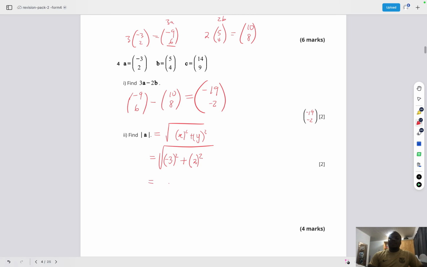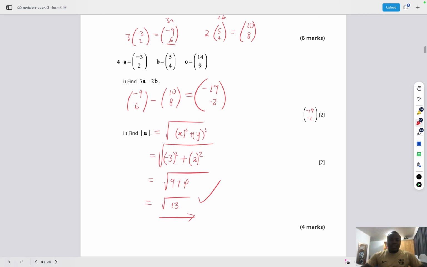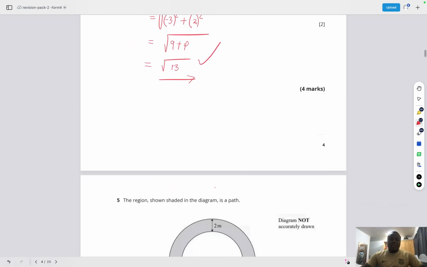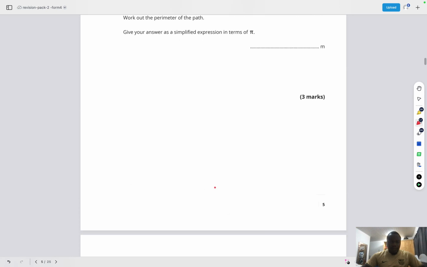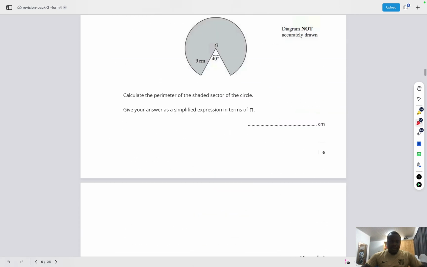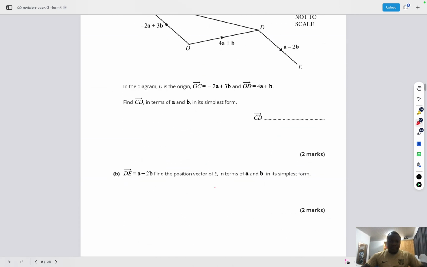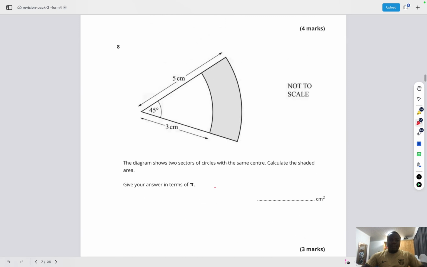Here 3 squared is 9, 2 squared is 4, and these are under a square root. So the answer is just root 13. If you've got a calculator, if it's in paper 4, you can write this as a decimal. If it's in paper 2, this is correct, and it's a good answer. So you can see that vectors are very important. So that's for Monday, and I must say Monday had quite a bit.